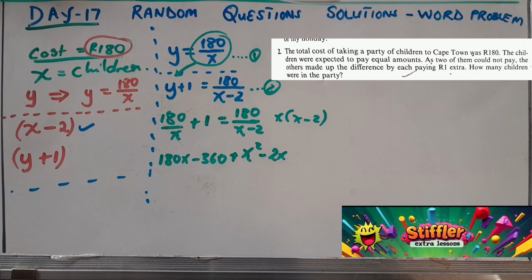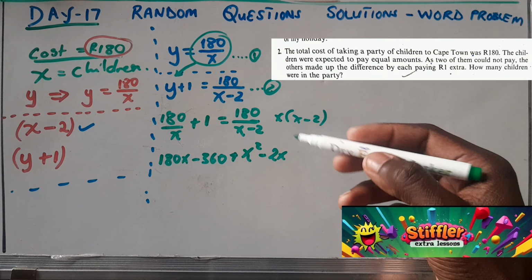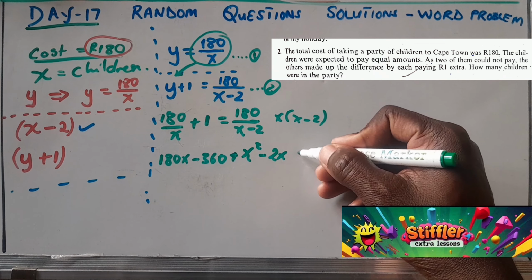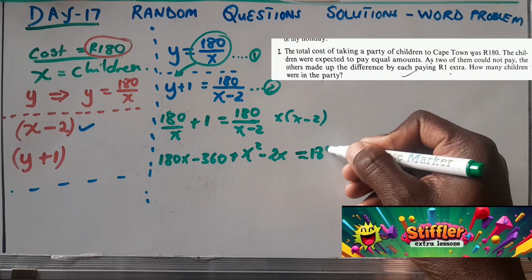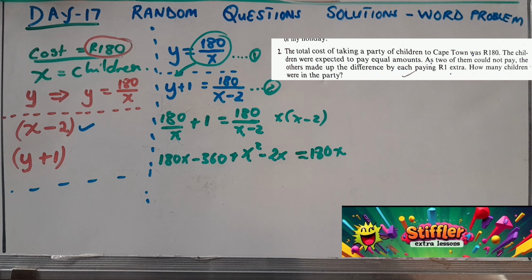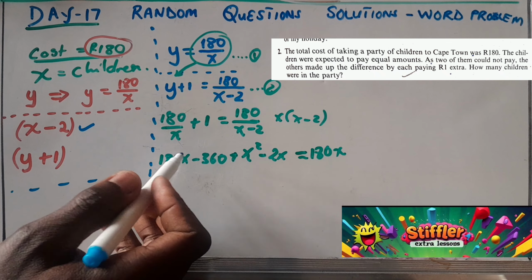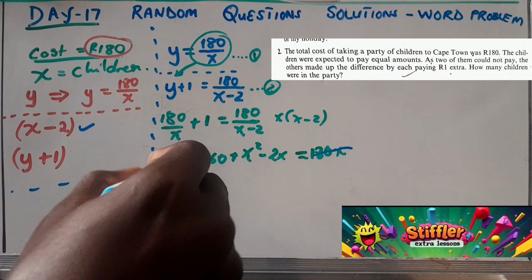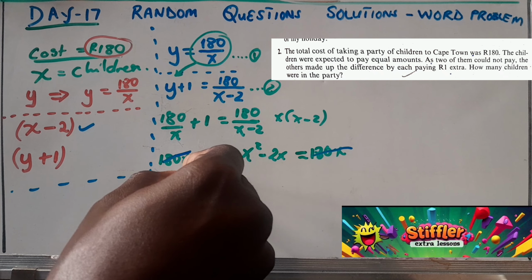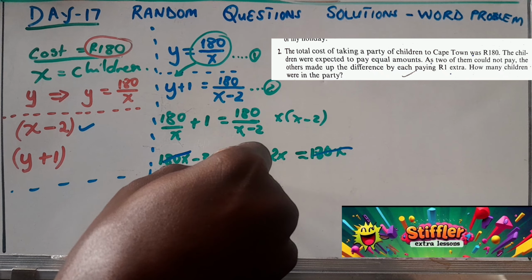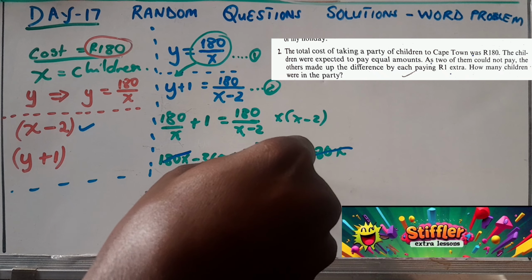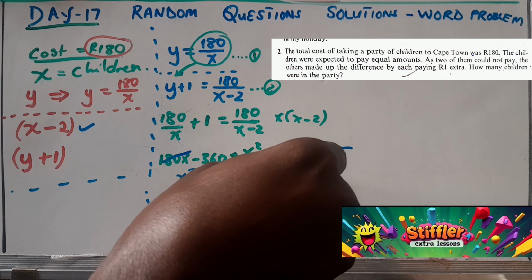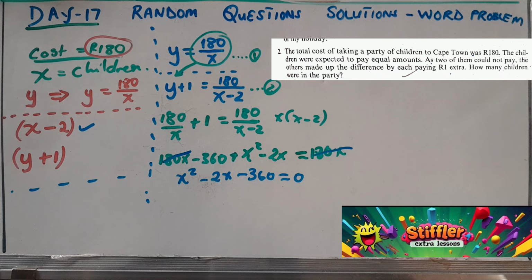And then our last term here, if we multiply by this much, will just give us 180x, like that. So now it is a simple quadratic equation that we can simplify. Obviously this and that can cancel out, so we are left with x squared minus 2x minus 360 equal to 0.